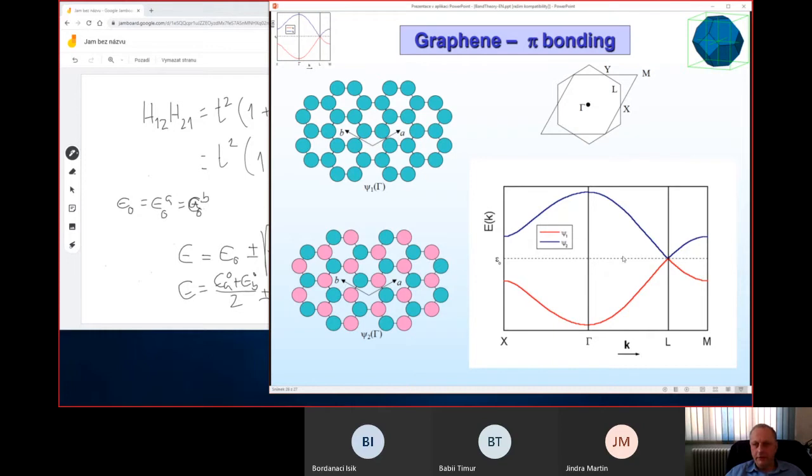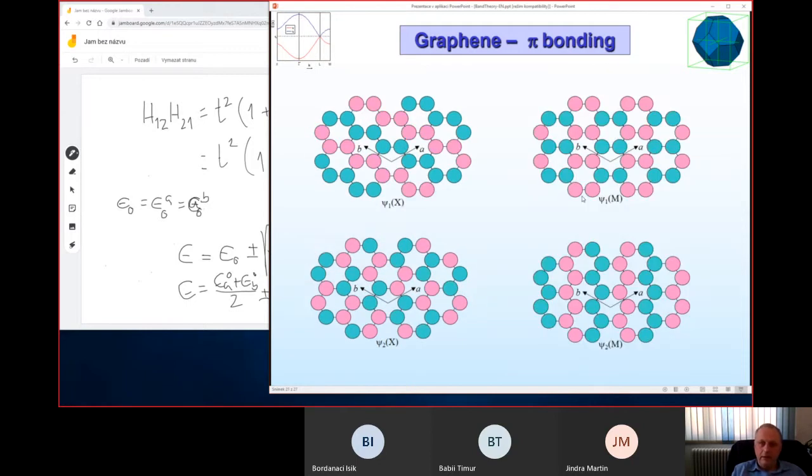At the gamma point, which is here, we have one completely bonding state and one completely anti-bonding, because each orbital has the nearest neighbors of the opposite sign. So we have these 2 states. But for the X point, we have 2 bonding interactions here and 1 anti-bonding, while here we have again 1 bonding and 2 anti-bonding.